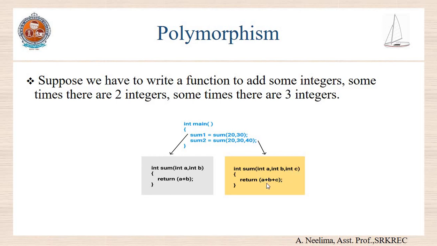So the 3 values will be added and the result will be returned back. So 90 is stored into sum2. So this is an example for function overloading.